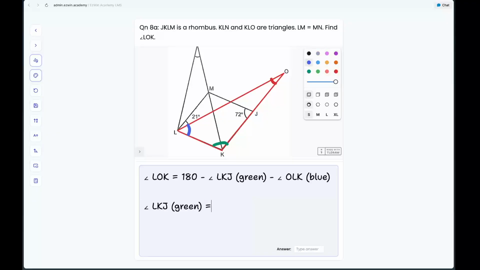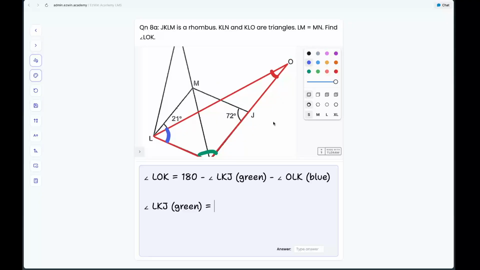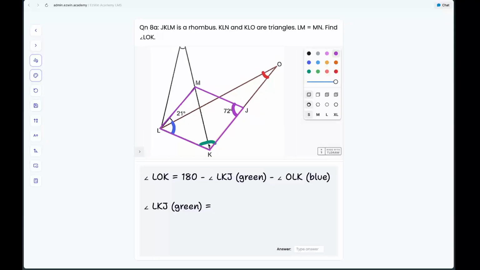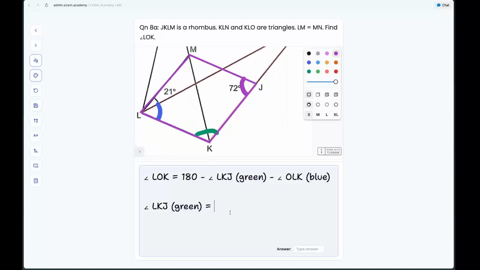How do we know what is the angle for LKJ? We actually can find angle LKJ, because JKLM, which is in this purple over here, is a rhombus. Since we know this part of the angle is 72, we can get the adjacent angle, which is LKJ.